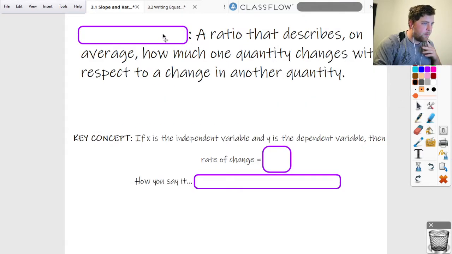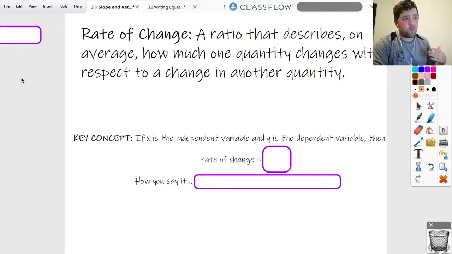The rate of change is a ratio that describes, on average, how much one quantity changes with respect to another quantity. Mostly that's talking about your change in x and your change in y and how that relates to each other.